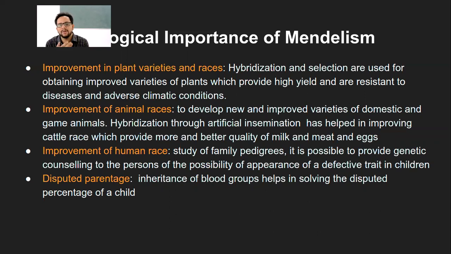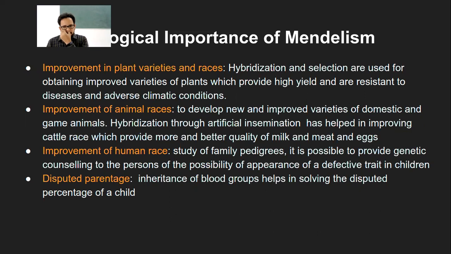Obviously, the groundnut or whatever crop it is will grow. You pick out the seeds, grow the next generation, and then check for those characteristics you had tried hybridization for. That way, improvement in plant varieties and races can happen with these Mendelism studies.